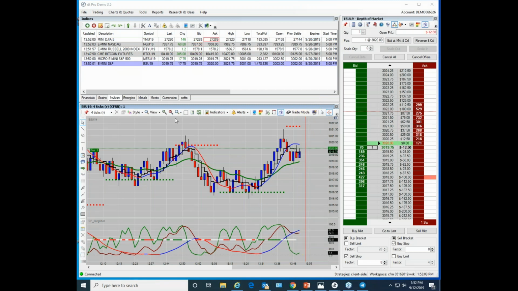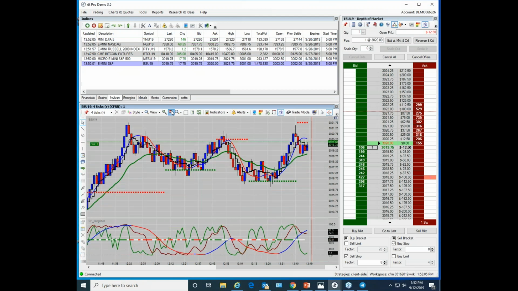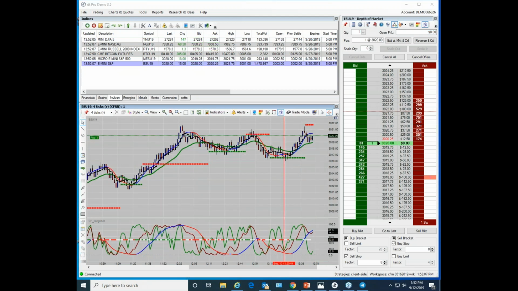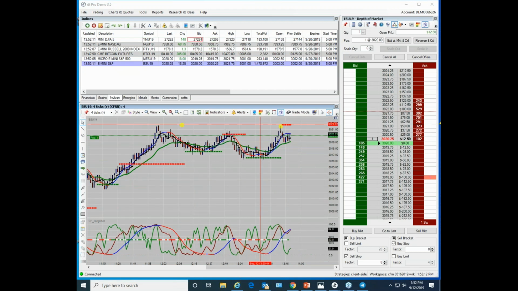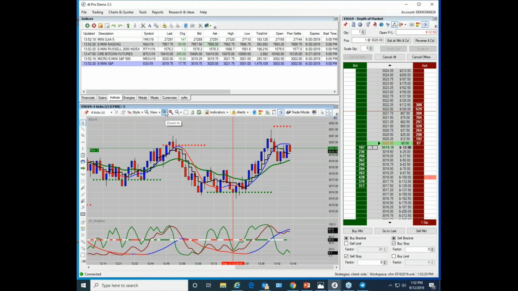The only warning flag that I put on this is by zooming out, I noted we have a double top, so we got to be careful. But I wanted to get my hands dirty a little bit and show you how to get into the DOM and place an order. Okay, so let's see.